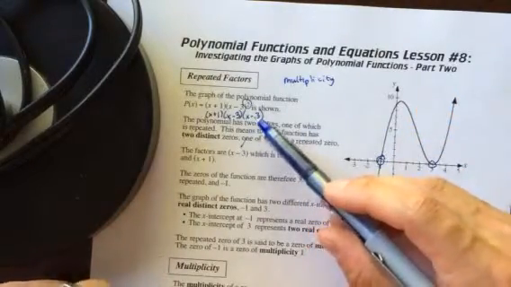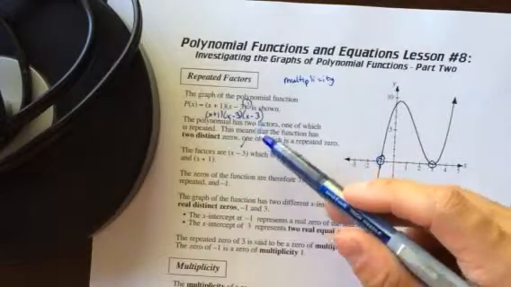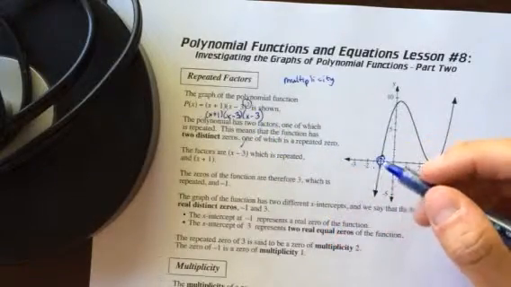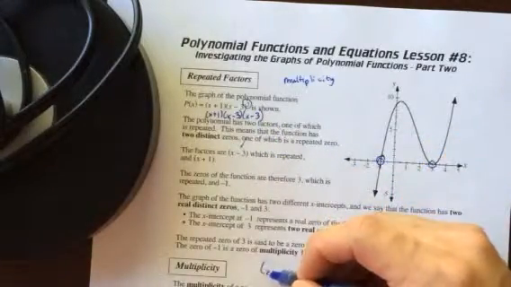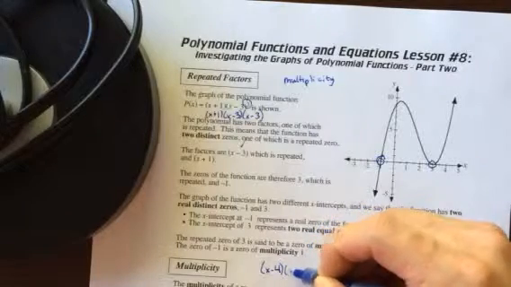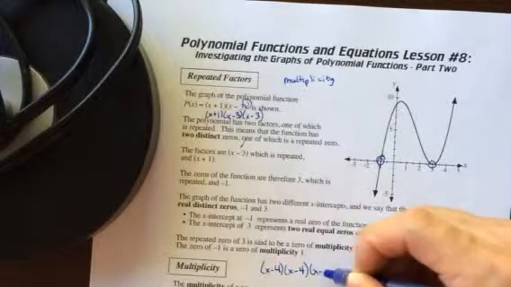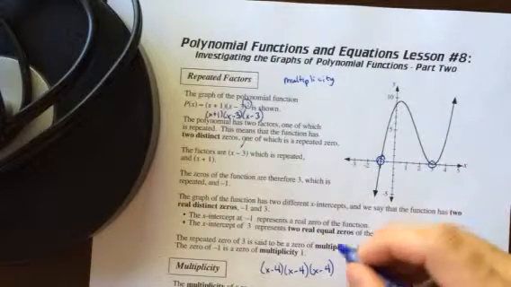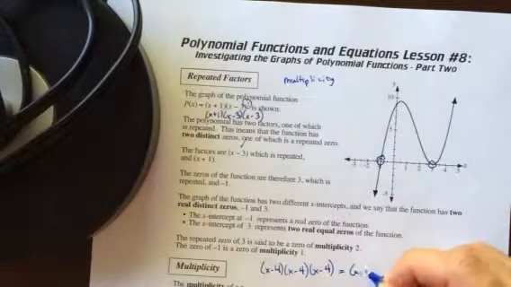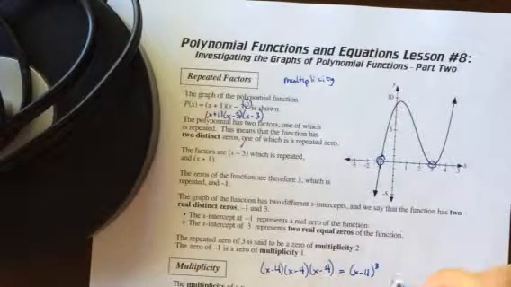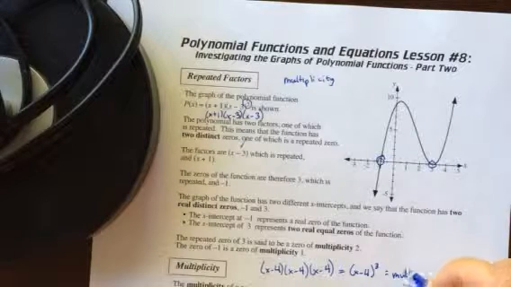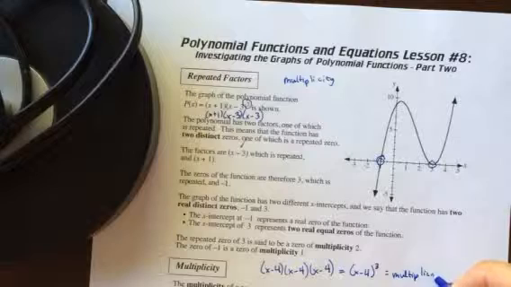In this case, x minus 3 was repeated twice, so we had a multiplicity of 2. If we had x minus 4 times x minus 4 times x minus 4, this would equal x minus 4 cubed, and this would have a multiplicity of 3.